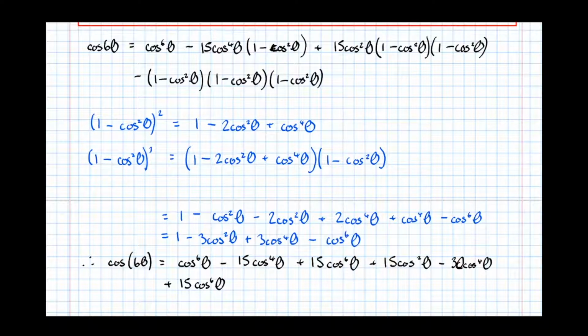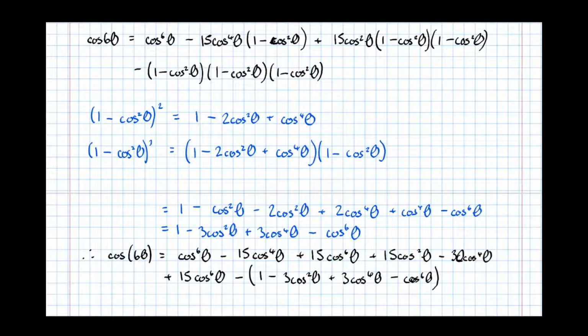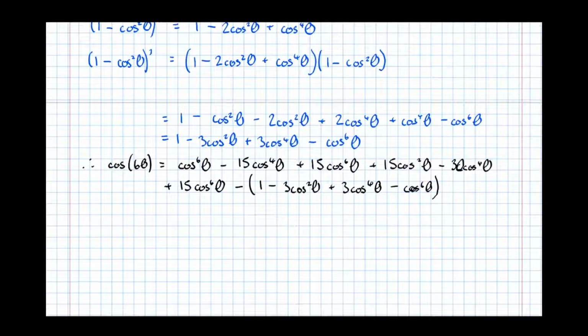So taking all that away, take 1 minus 3 cos squared theta plus 3 cos to the 4 theta, take cos to the power of 6 theta, and then gathering all the like terms.